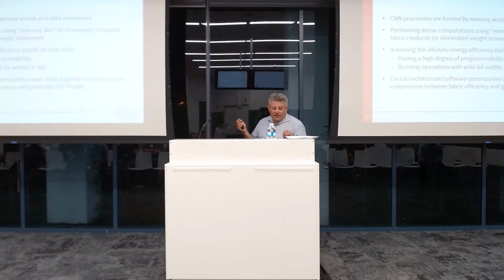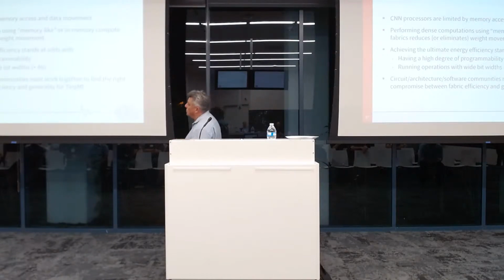So the good thing about some of these analog fabrics is that they actually can change the way you think about data movement, and in fact can allow you to make the weights almost completely stationary, especially with emerging memory. And so now you just have to push around relatively small working sets between these dense compute memories, and I think this is a very interesting paradigm.